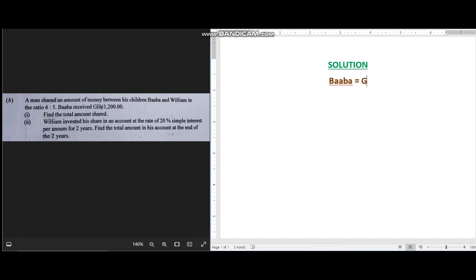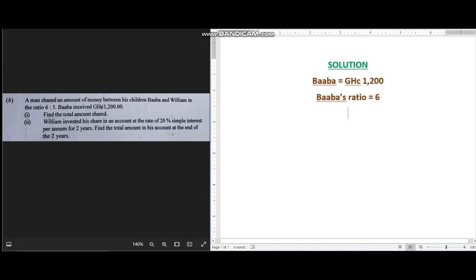And Baba's ratio is given to us as 6, because Baba appears first in that order.